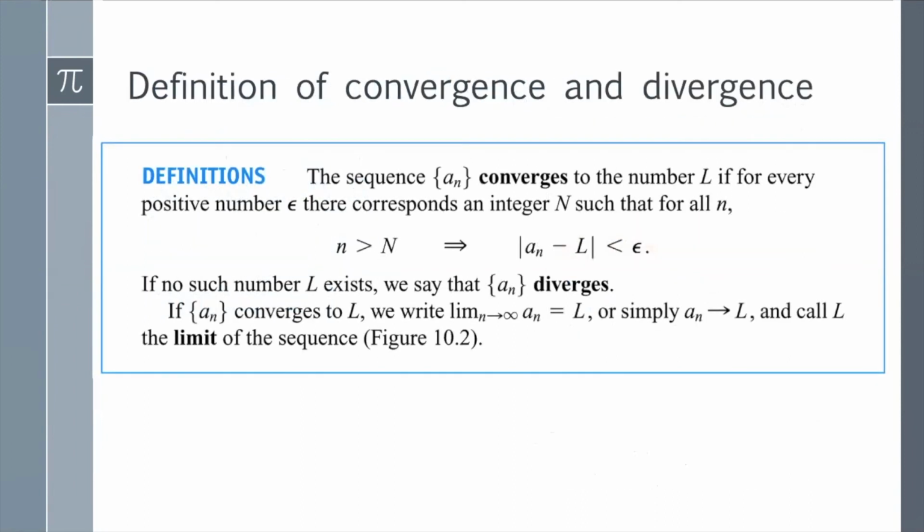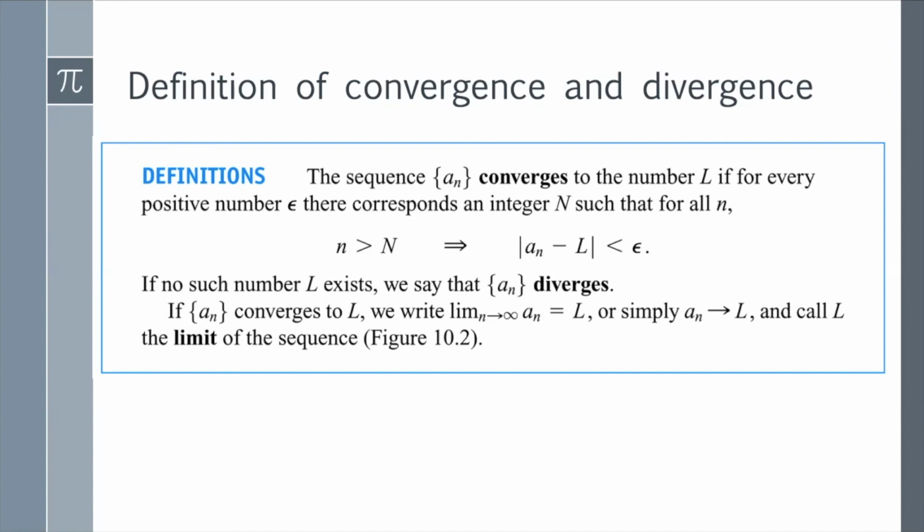All right, so here is the official definition. I'm not going to do a whole lot with this. The sequence a sub n converges to the number L if, for every positive number epsilon, there corresponds an integer big N such that for all little n, if little n is greater than big N, then the distance between a sub n and L is less than epsilon. That's the symbolic way of representing what I was just saying about the tube.